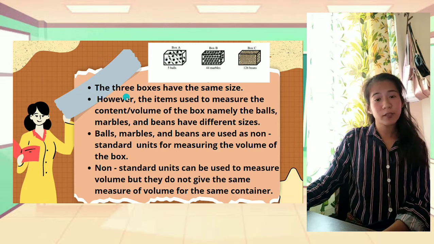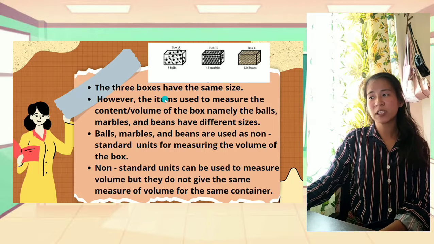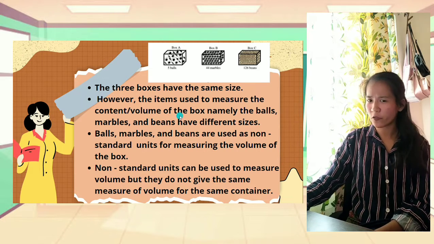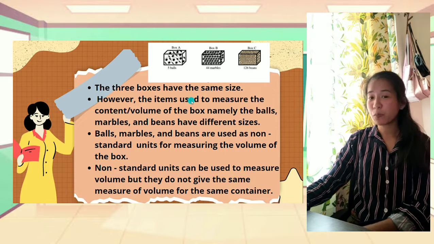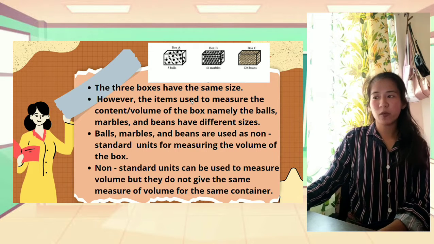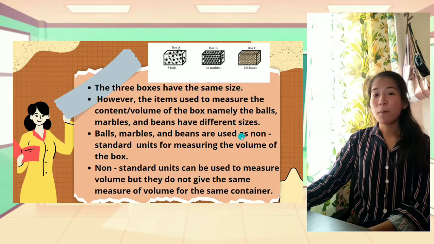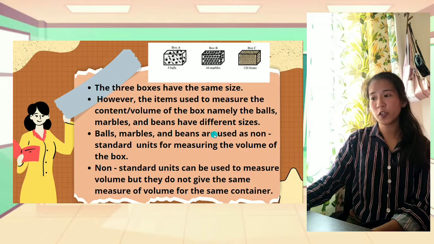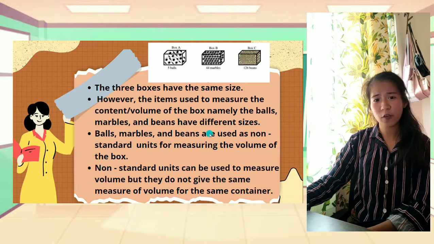However, the items used to measure the volume of the box, namely the balls, marbles, and beans, have different sizes. Remember, class? The items being used to measure the volume of the box are the balls, marbles, and beans, and don't forget that they have different sizes.